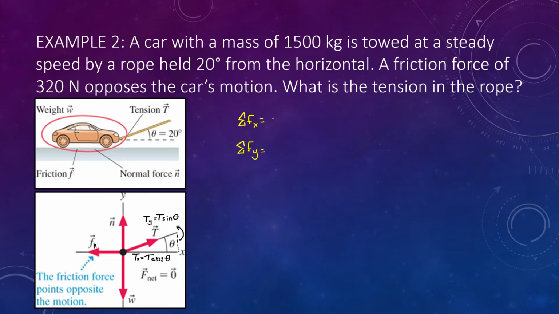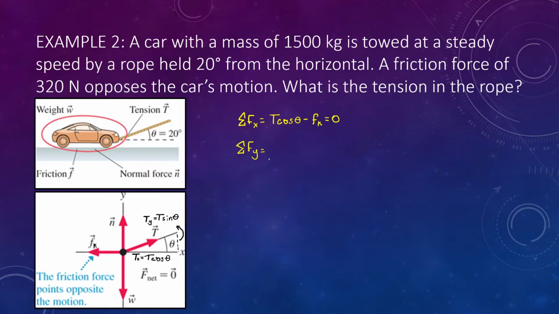So we have a positive tension, or T cosine theta, because it points to the right, and a negative friction force, Fk. We are still in equilibrium, so this is equal to 0. Okay, so again, in the x direction, horizontally, we have the x component of tension, or T cosine theta, and friction to the left.